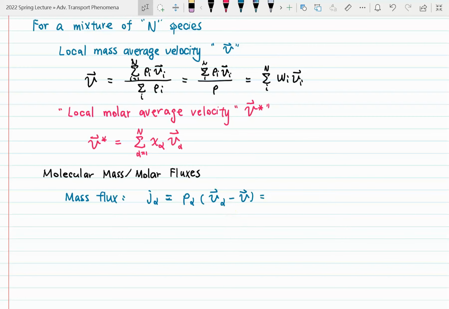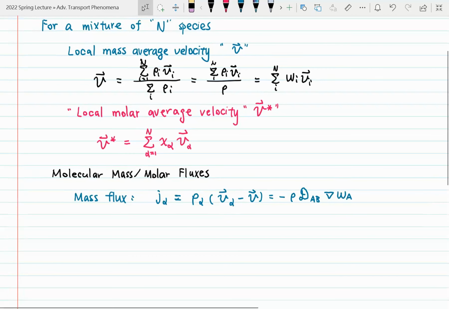And it also obeys Fick's first law, so it is negative rho times the diffusion coefficient, or diffusivity, times the gradient of the mass fraction.